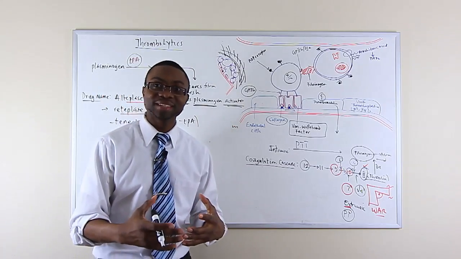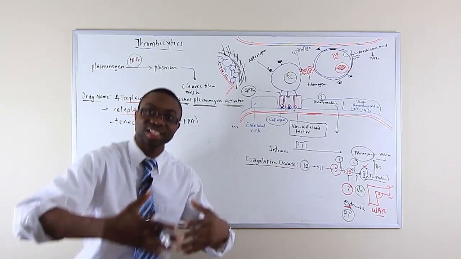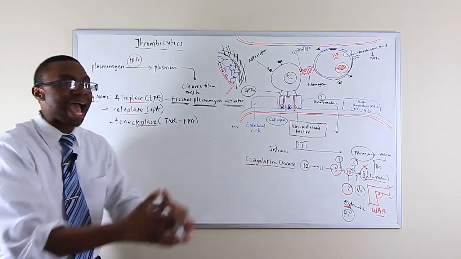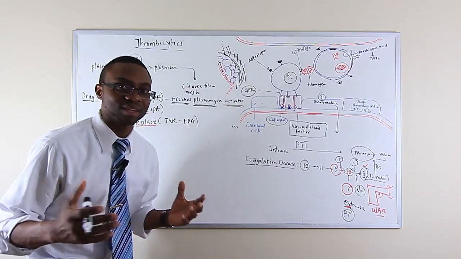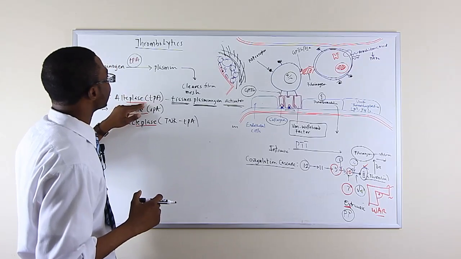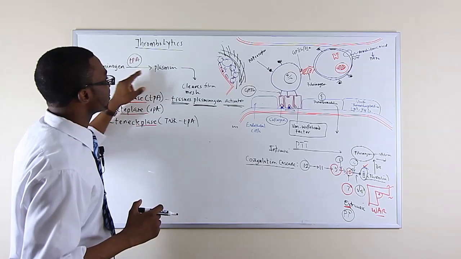So the enzyme that's going to activate plasminogen into plasmin is a tissue plasminogen activator. It's really not rocket science, guys. Take a look. tPA, that is alteplase. So tPA converts plasminogen to plasmin.